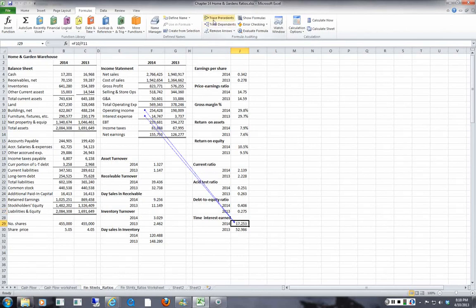Times interest earned. This takes the operating income of $254,428, and divides interest expense into it, and says we could pay that interest off 17 times. And it's significantly less than the preceding year.